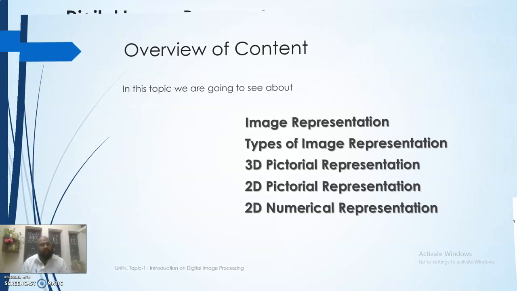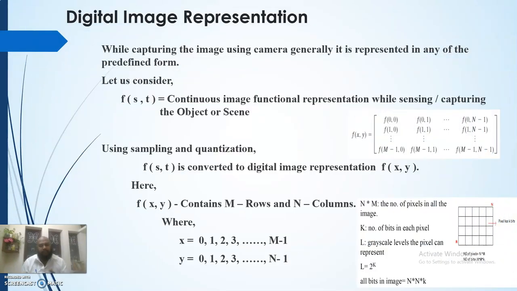So first we can say what is digital image representation. Generally we will capture the image using a camera. The output will be represented in some form. To explain in detail, let us consider f of s comma t. That is a continuous image that is captured or sensed from the object or scene.